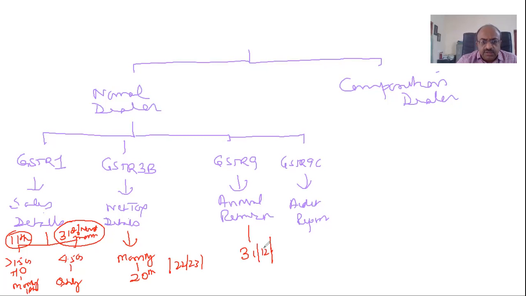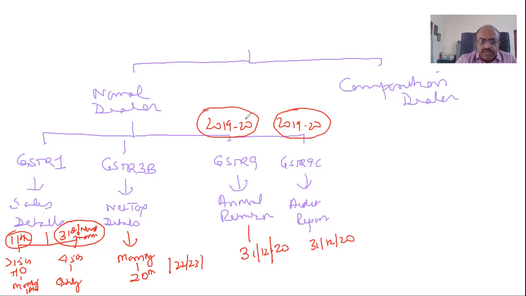That means, for example, for 2019-20, the due date is 31/12/2020. This is also the same, 31/12/2020. Now, mind you, because the 2018-19 one is still delayed, this is anyway going to be delayed. But this is the standard due date.